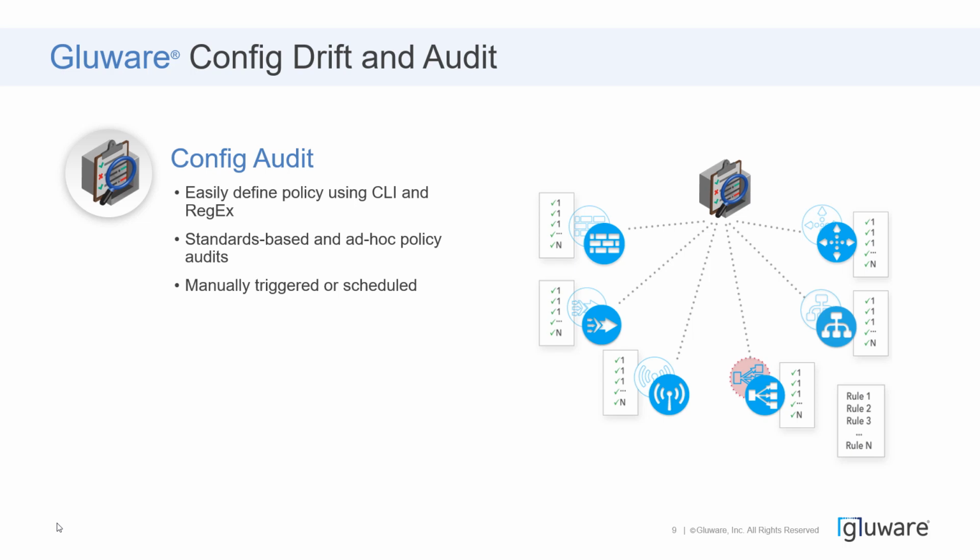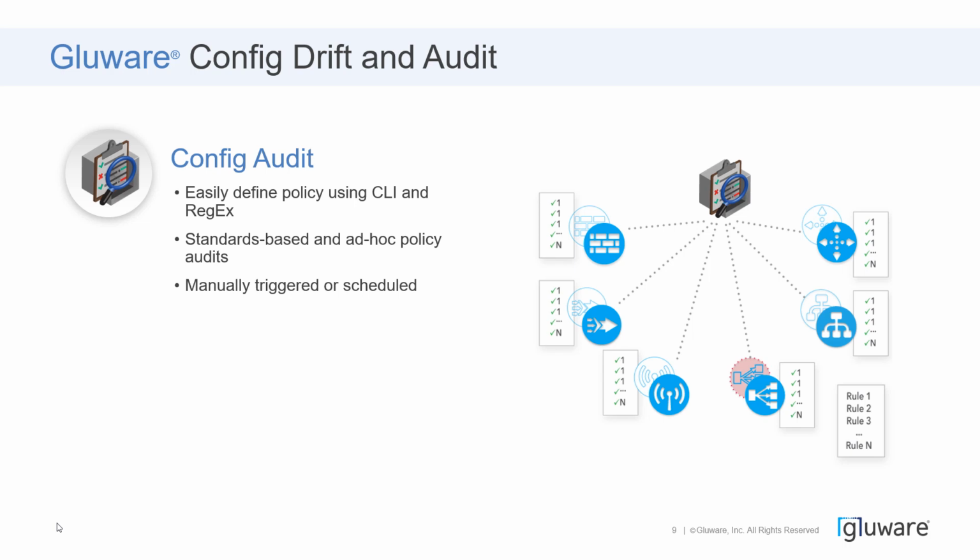The type of audits customers run are typically standards-based, like PCI, SOX, maybe NIST, other standard organizations that you may have to be in compliance with, as well as your company-based standards. So if you have paper-based standards and you want to understand what's implemented in my network, is it matched, you can define a policy that is based on your own company standards and audit the network.